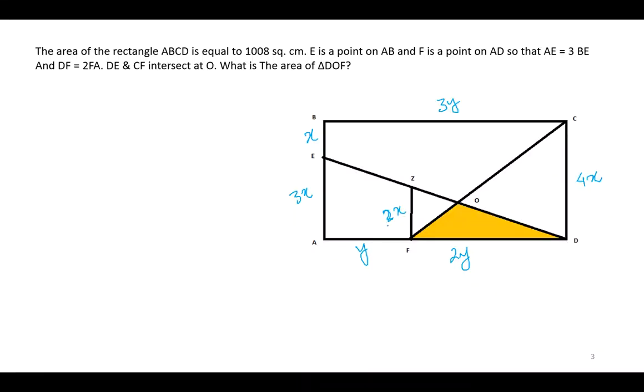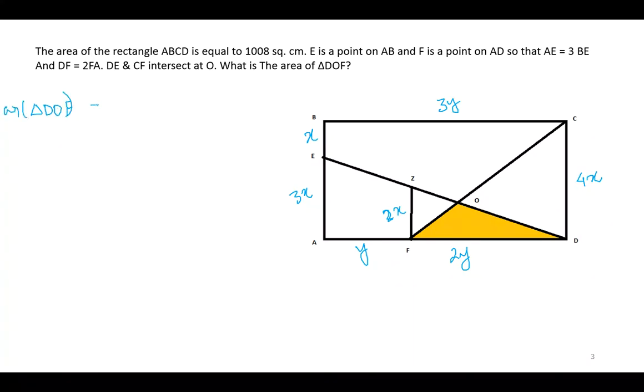Now the reason I found this out is because I've already found out that the area of triangle FCD is known to me. Okay, and I want to find the area of triangle DOF, right?